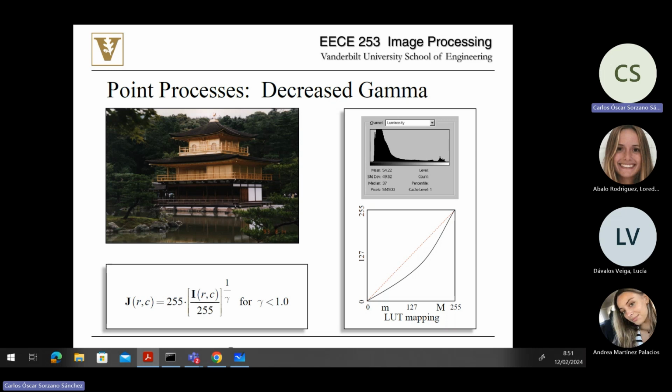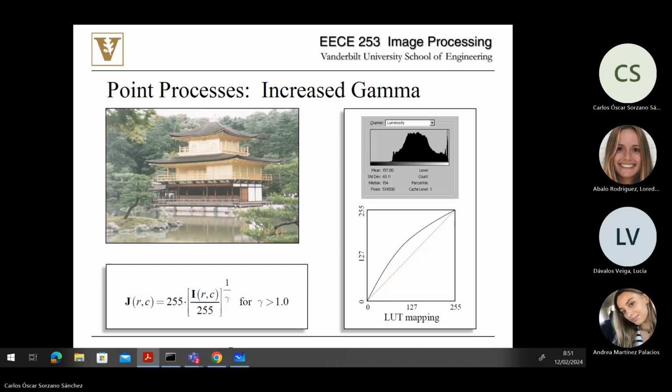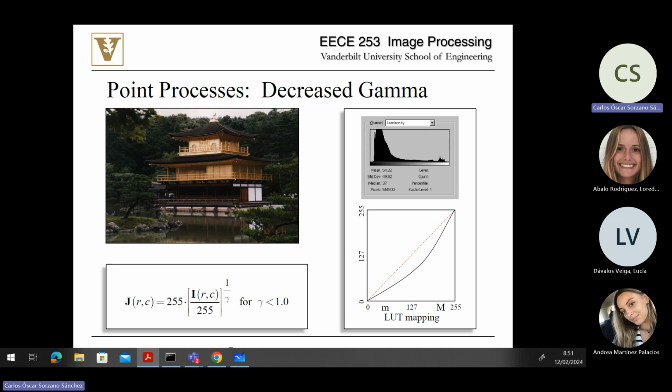So we see that now the windows, the doors are much better seen. Here they were seen. And here it is the same. This part that was dark, with this gamma, we can see it better. And with this gamma, we can see it.